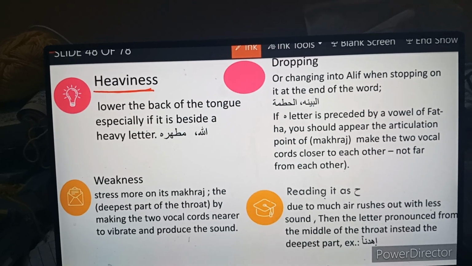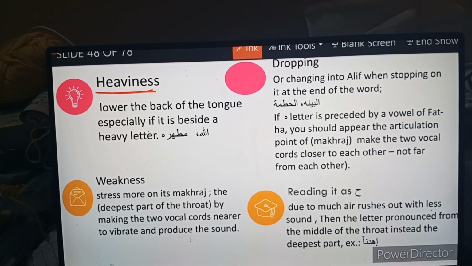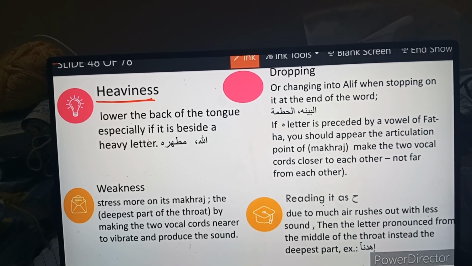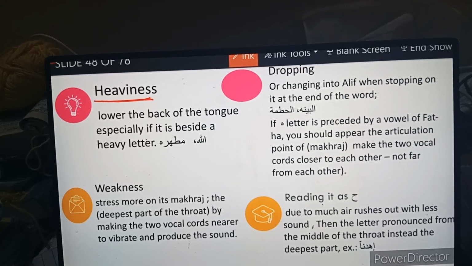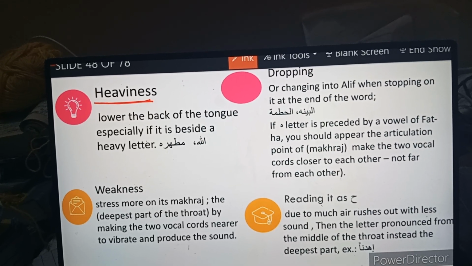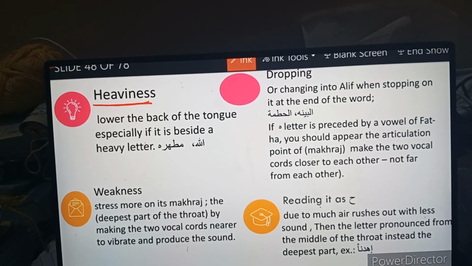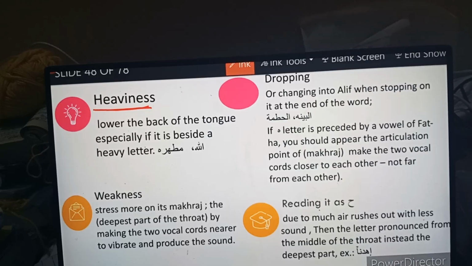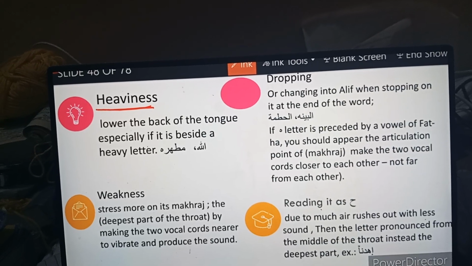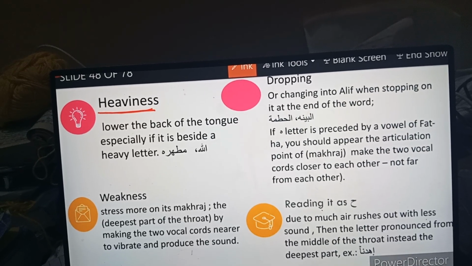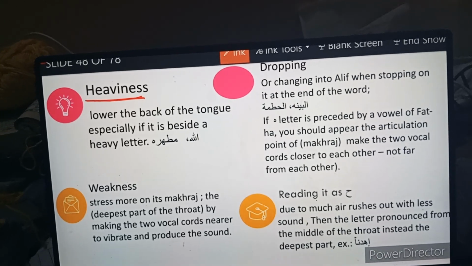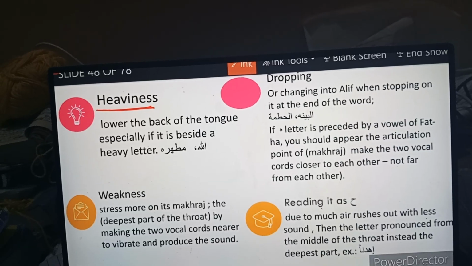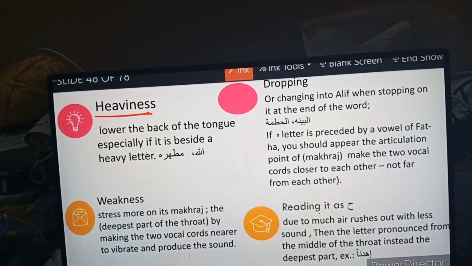Instead, the reading of half Hamza and Ha, we say it as Ha, like ho.